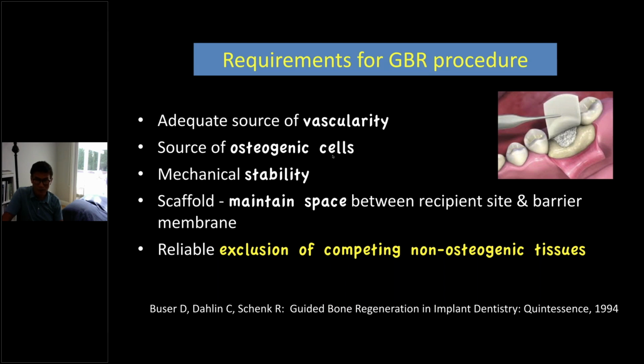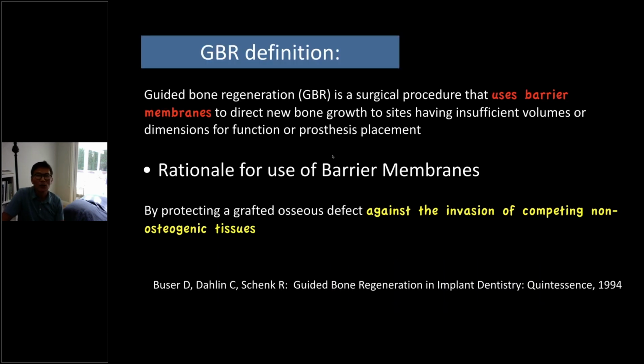You don't want fibrous tissue coming first before osteogenic cells regenerate the bone. So you use it as a protecting graft on the defect site against invasion of the tissue cells. So this whole concept comes into the later concept of the sticky bone with the CGF concept.